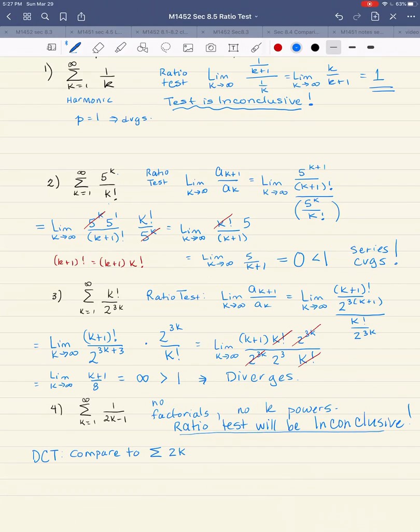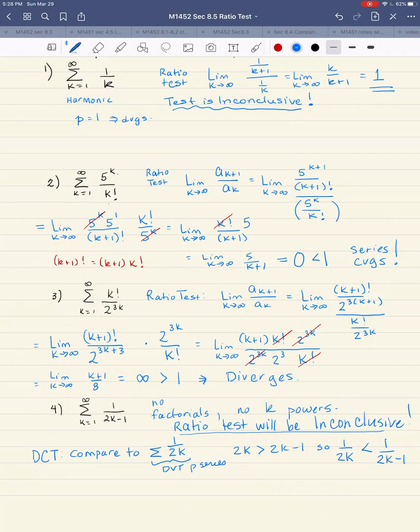1 over 2 to the k, sorry, 1 over 2 to the k. I have that 2 to the k is bigger than 2 to the k minus 1. So 1 over 2 to the k is smaller than 1 over 2 to the k minus 1.